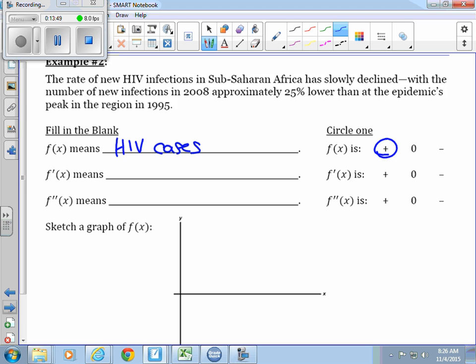What is f prime? Rate of change of HIV cases.